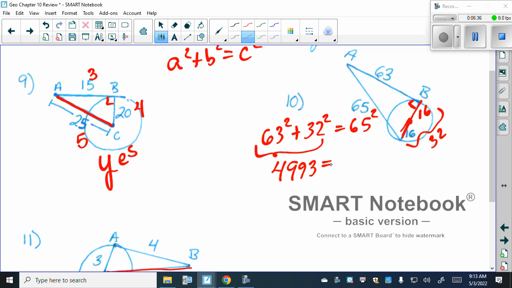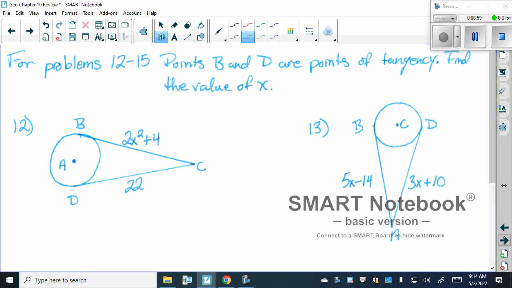Just do it all at once, and see if we get the same thing as 65 squared. No. So this is not tangent. Questions on this here? Questions on 12 through 15?